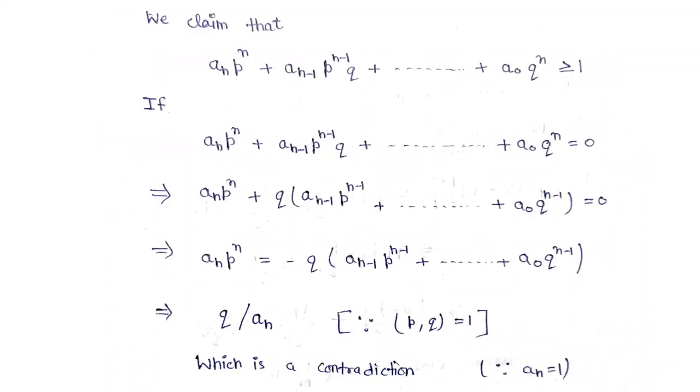Now we claim that a_n p^n plus a_(n-1) p^(n-1) q plus up to a_0 q^n is greater than or equal to 1.